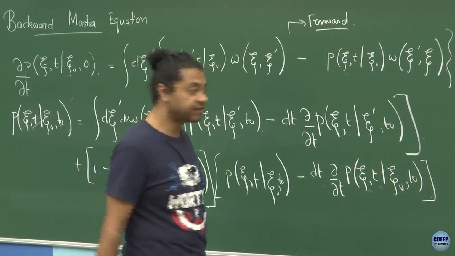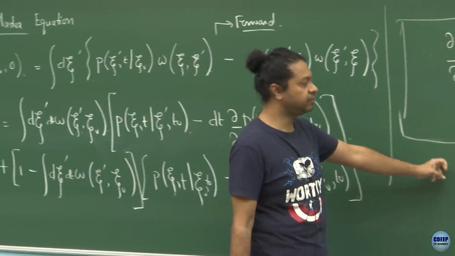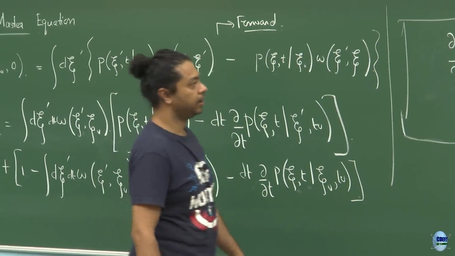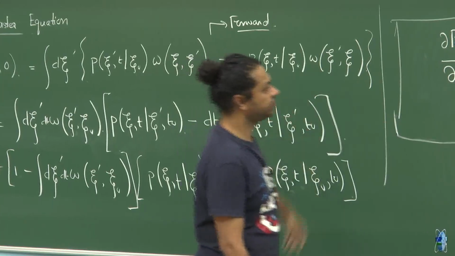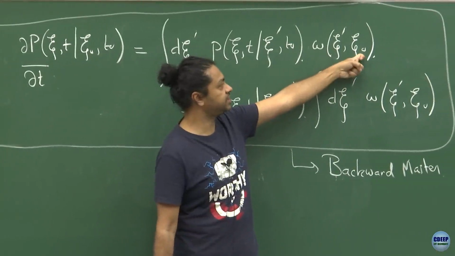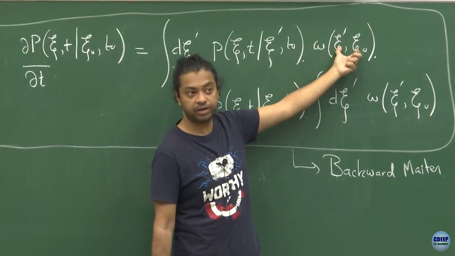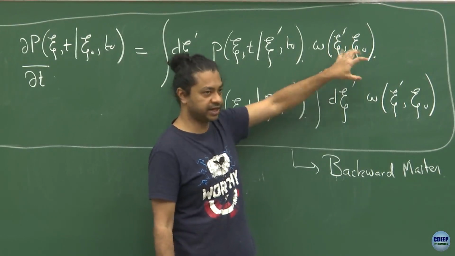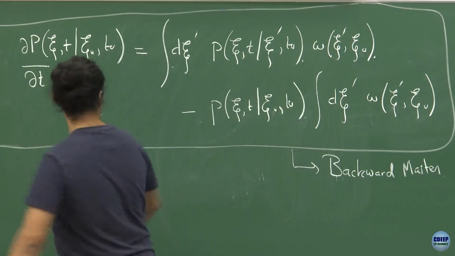From here, next I'll derive the Fokker-Planck equation, again exactly the same way that we had done. How had we done it from the forward? We had written these transition probabilities in terms of the initial state and the size of the jump, and then we had Taylor expanded in the size of the jump, kept only the first two terms, and that gave us our Fokker-Planck equation. So, we will do exactly the same.